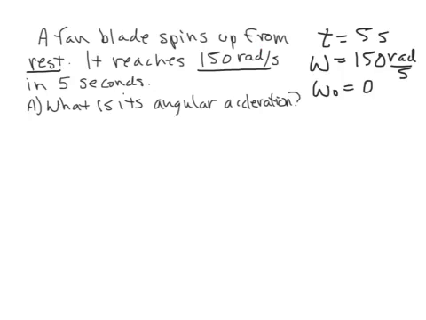And so they're asking us for the angular acceleration. Well, we know that the angular acceleration is the change in angular velocity over the change in time. And so that says alpha is equal to omega minus omega naught divided by time.